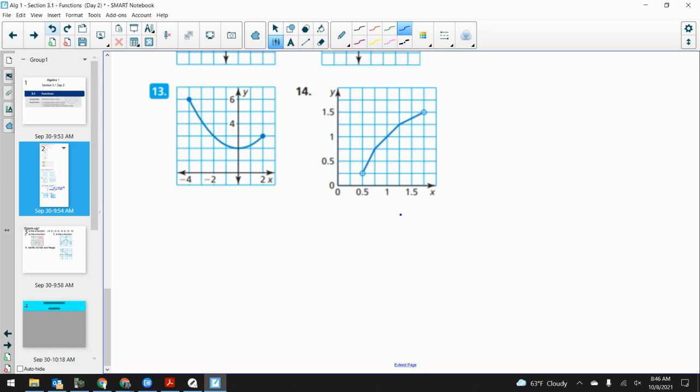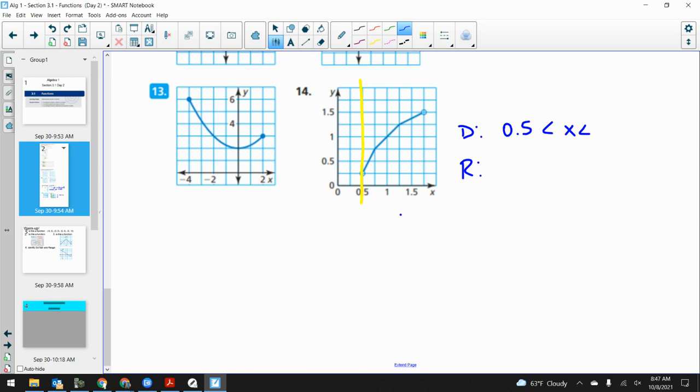Okay, now, let's take a look at this. When it's continuous, I have to think about my domain to be an inequality. Where does this start in terms of left and right? Where does this start? 0.5. So I go here and I say this is 0.5.